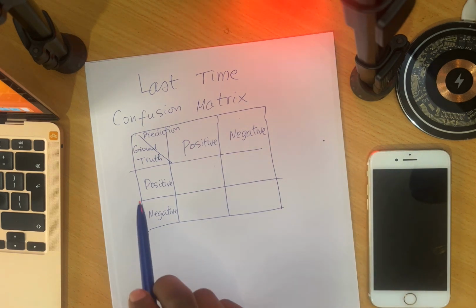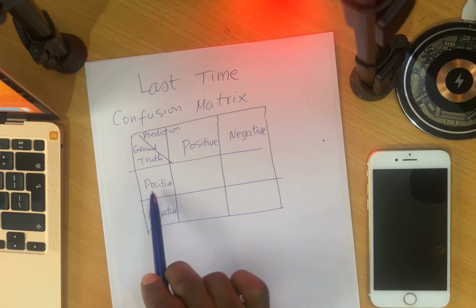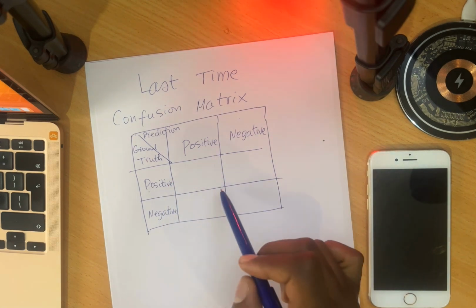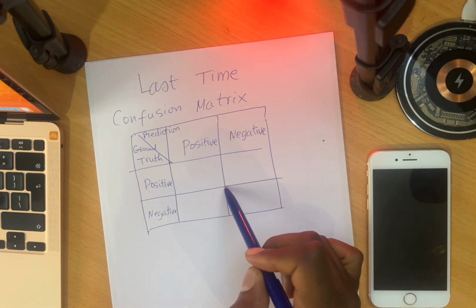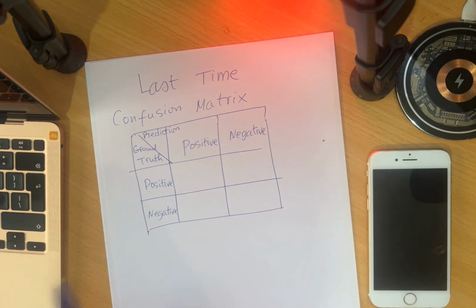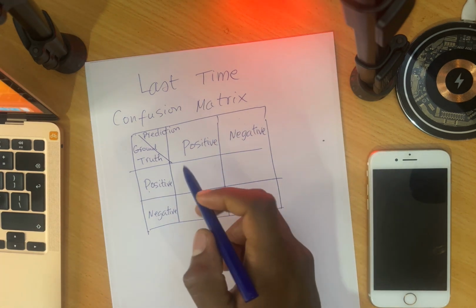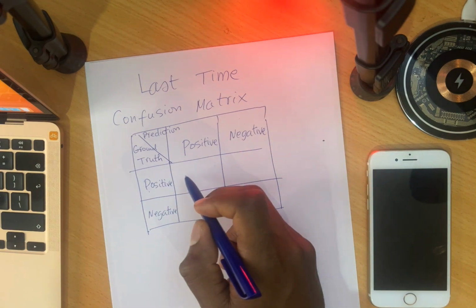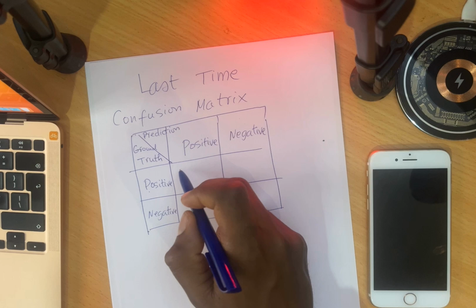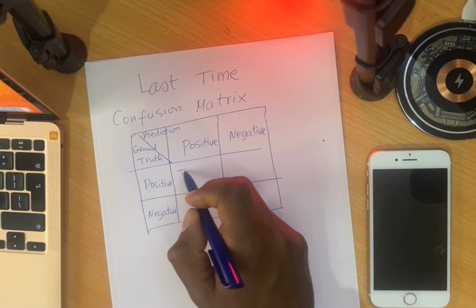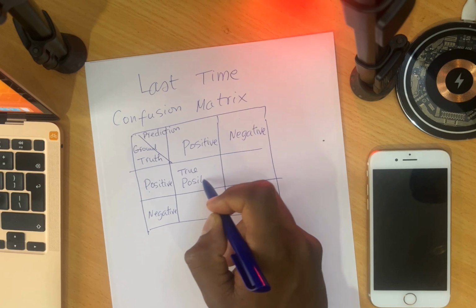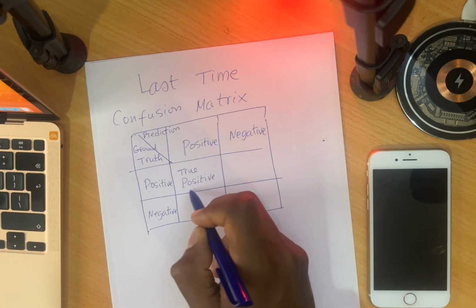If I can see an object as an engineer and a model can see it too, that means the model is doing well, and that's a true positive, or TP.